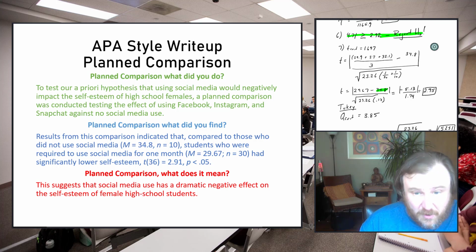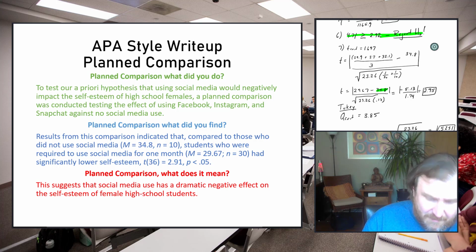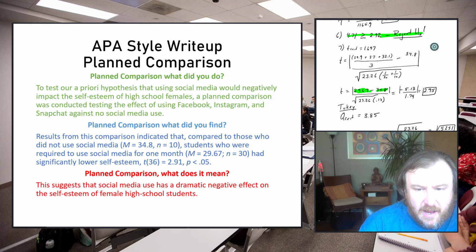And then we were comparing them to students who were required to use social media for 1 month. So that was all 3 of the social media groups. And we report that mean and how many people were in that mean.